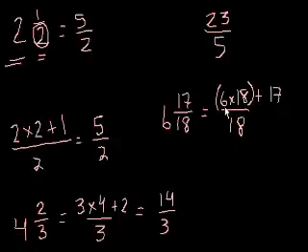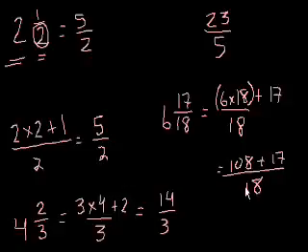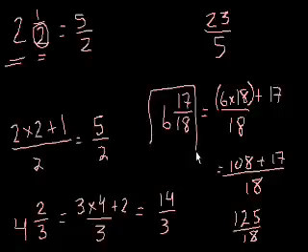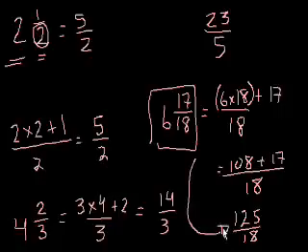Well, 6 times 18, let's see, that's 60 plus 48, it's 108. So that equals 108 plus 17, all of that over 18. 108 plus 17 is equal to 125 over 18. So 6 17/18 is equal to 125 over 18.